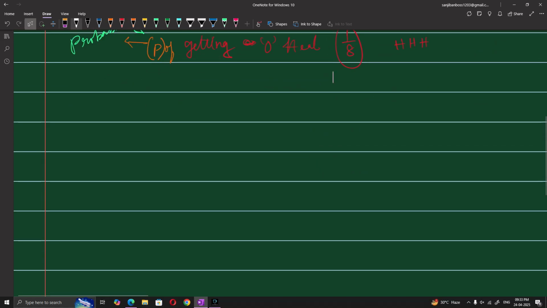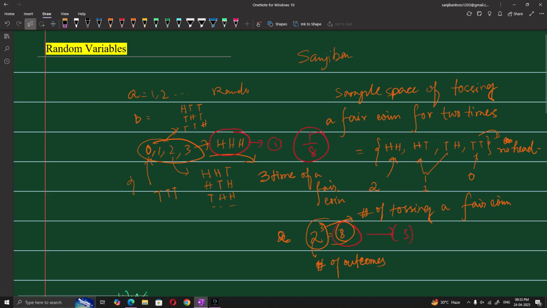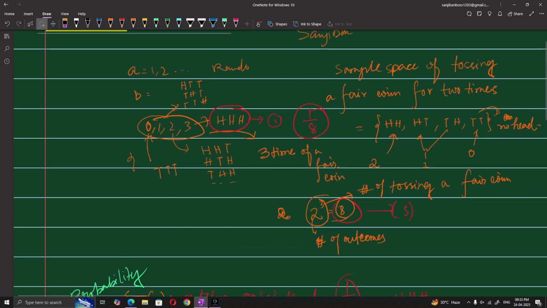Next, probability of getting 1 head, that is 3 by 8. You can see, I can copy or paste this. 1 head, that means this one.